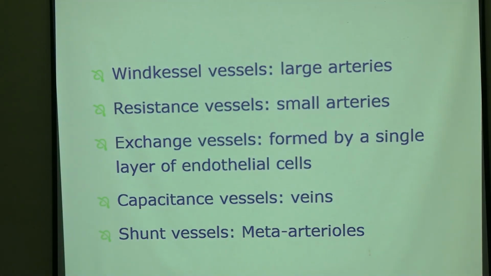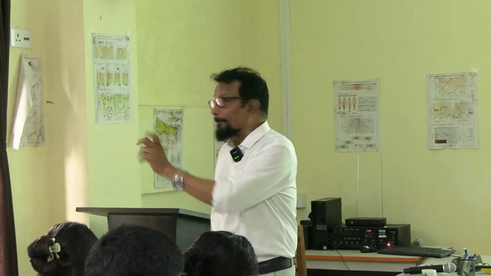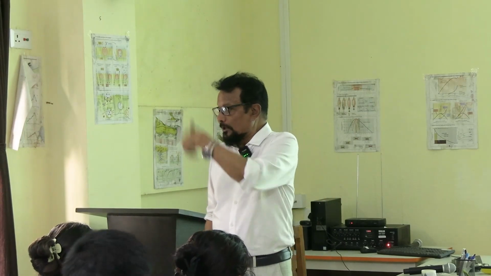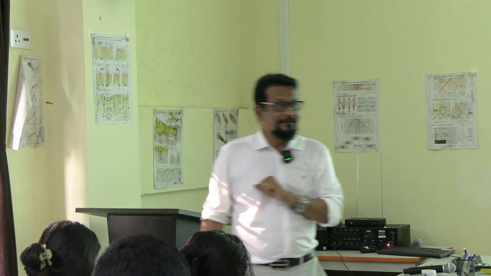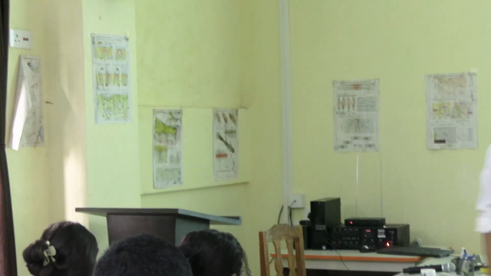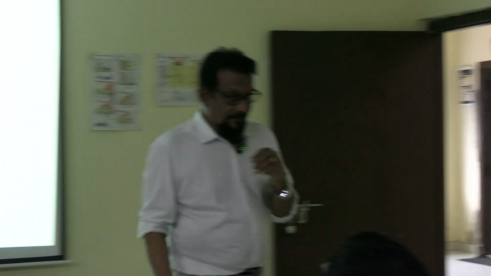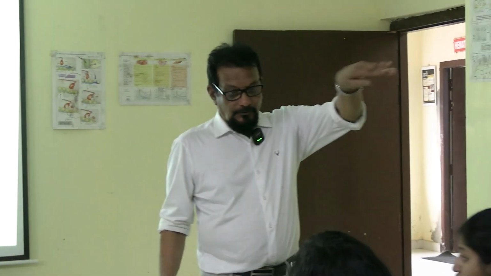Arterioles, and capillaries. In the capillaries there are no smooth muscles, only endothelial cells. One single layer of endothelium is there. No muscle layer, no elastic layer.